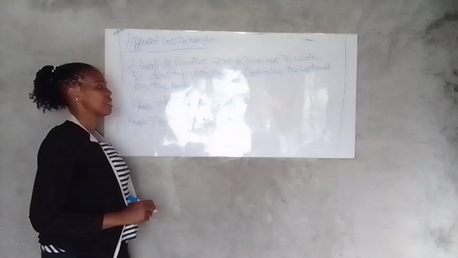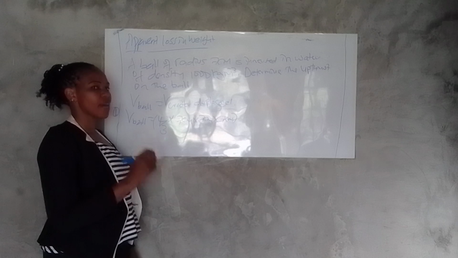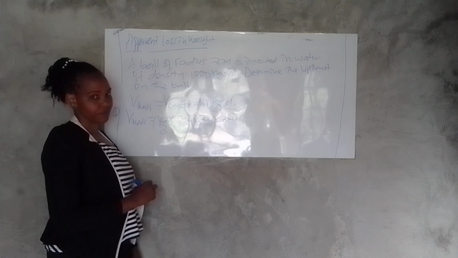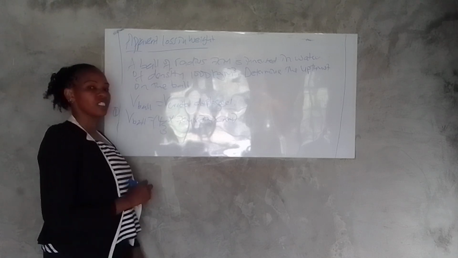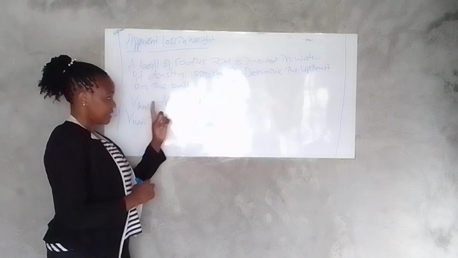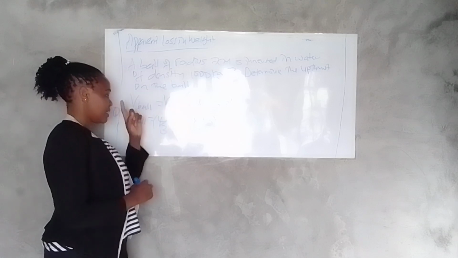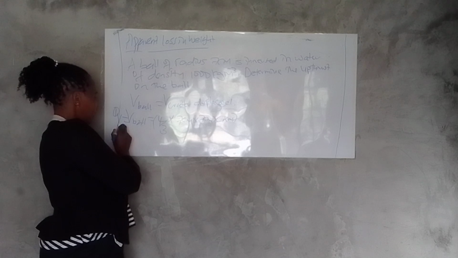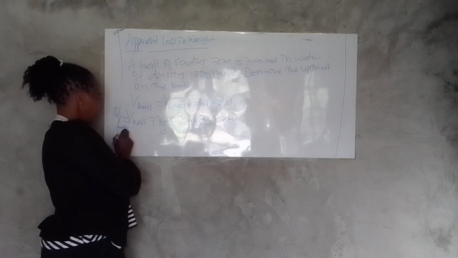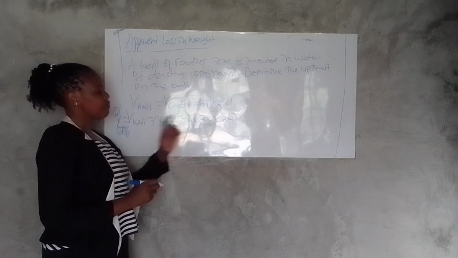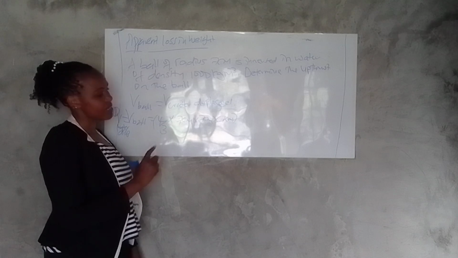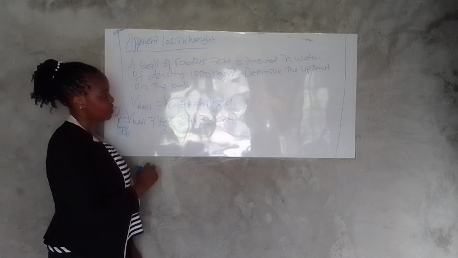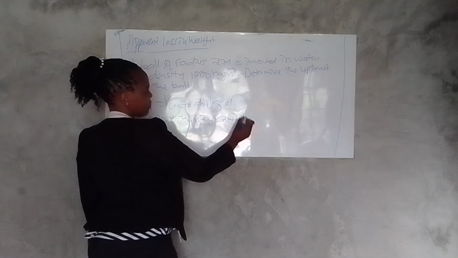Now the question is, what is the mass of the displaced fluid? To get the mass of the displaced fluid, I need the density of water and the volume of the water displaced. If I take that volume and multiply it with my density of water, times 1000.